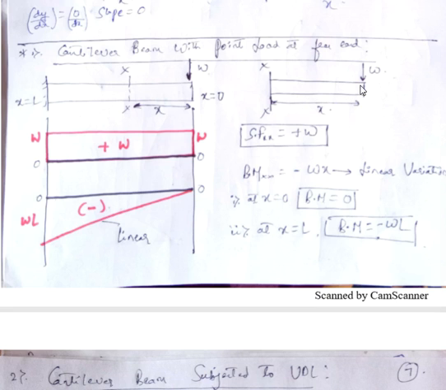If I make x equal to 0, then it will be W itself. If I make x equal to L, then the shear force is also going to remain the same, that is W.